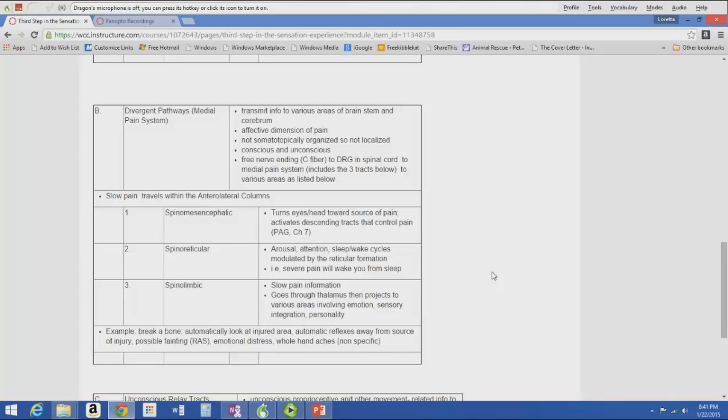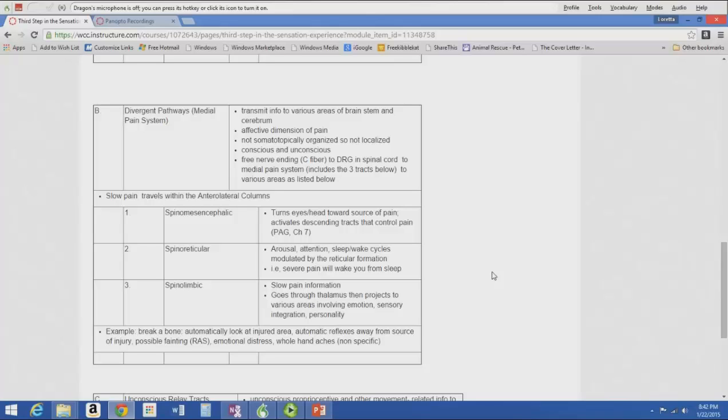And they talk about it being the affective dimension of pain, meaning that is the pain that you experience. It's tied up with emotions and with memories, and that's the one that upsets you. If you think of it that way, it's the affective dimension of pain.